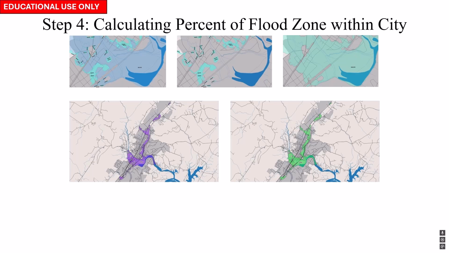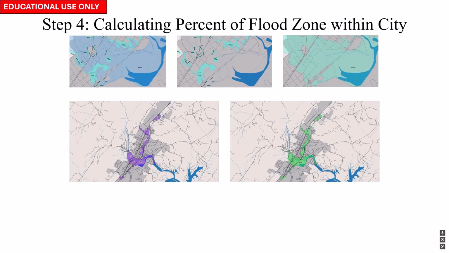So I made an assumption that the 0.2% chance annual flood zone would take up the 1% chance flood zone as well as the additional area. So that is what the top right image showcases, is the entirety.